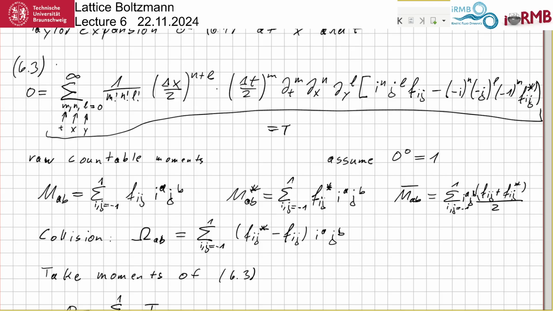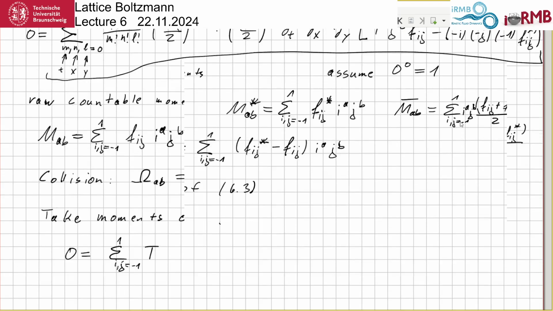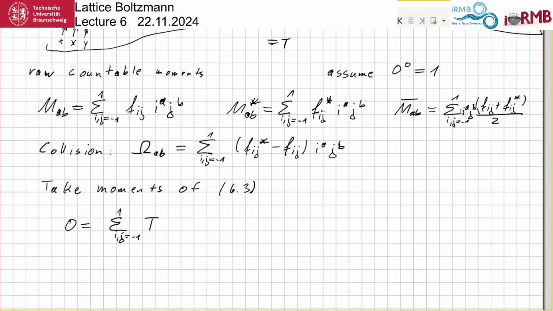Really the entire equation, multiplied by i to the power of a, j to the power of b. So I take the entire equation, multiply by i and j and integrate, and because we're in discrete form, we just sum up. So this is then the moment of the equation.